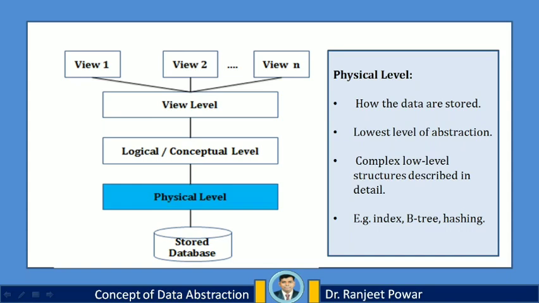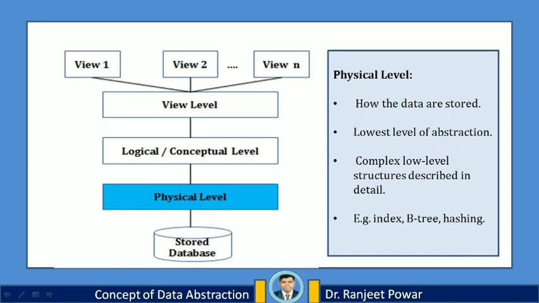It is the lowest level of abstraction, describes how the data are actually stored. It is called internal level of abstraction, closest to physical storage. It indicates how the data will be stored and describes the complex low-level data structures and access methods to be used by database.